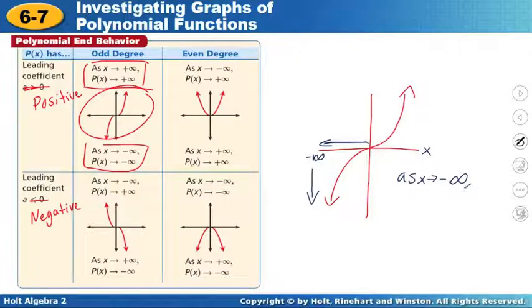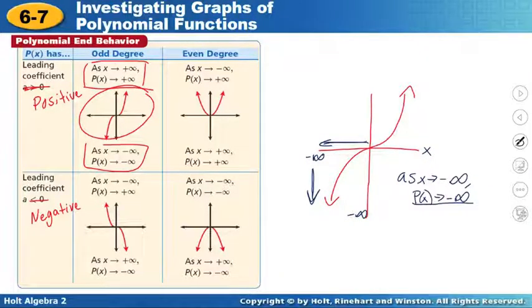That means that p of x is approaching negative infinity, because if our function is going down, it's going towards negative infinity. So that's why we're saying p of x is going towards negative infinity.